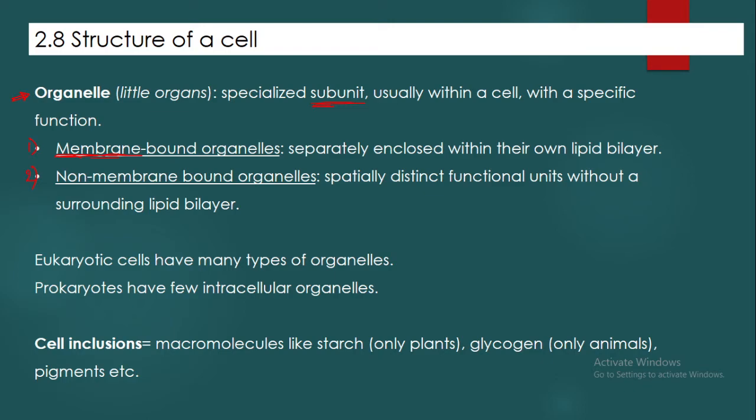So the membrane can be of a different nature: freely permeable, impermeable, semi-permeable, selectively permeable. There are many types of membranes, but a membrane means a very thin layer. So the cell is surrounded by a very thin layer that is called the plasma membrane.